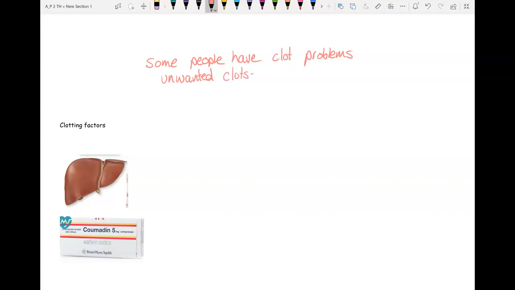And unwanted clots can cause stroke. They can cause heart attack. Because the clot can form, it can break loose, and then it can get stuck somewhere else in the blood supply, and it's going to block off blood to part of the body. So a stroke is when you block the blood to the brain.